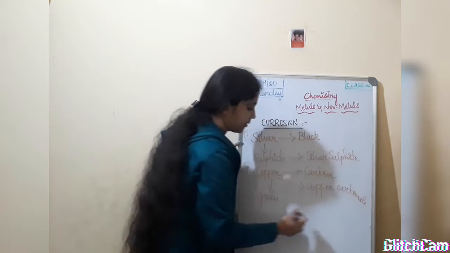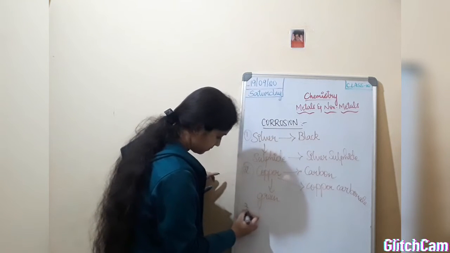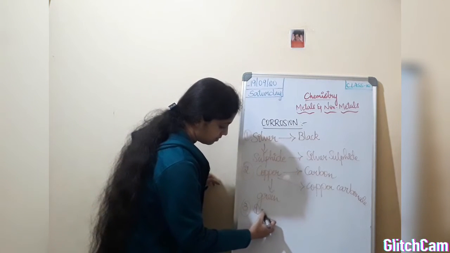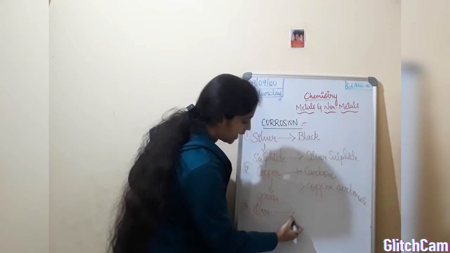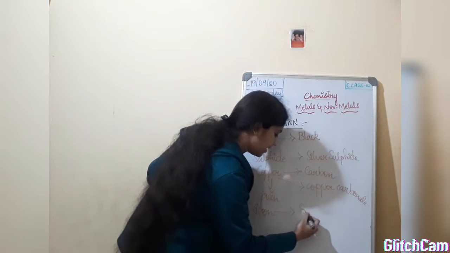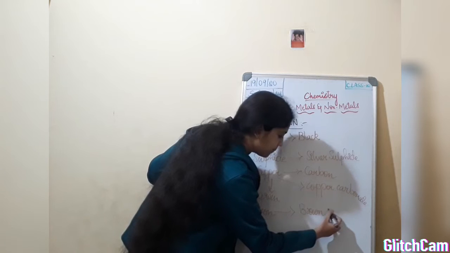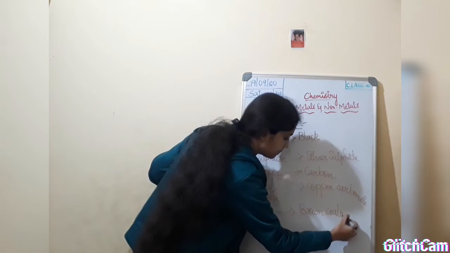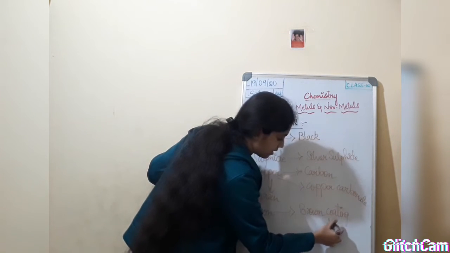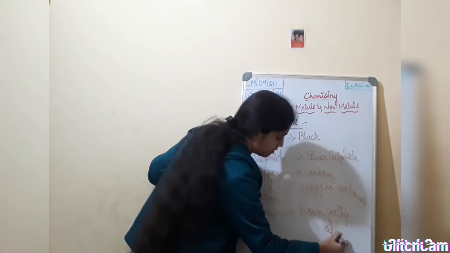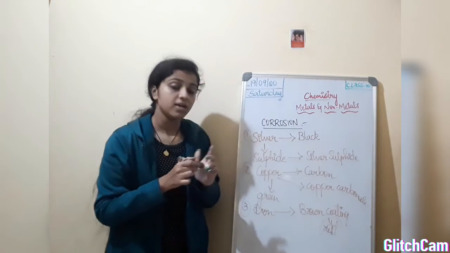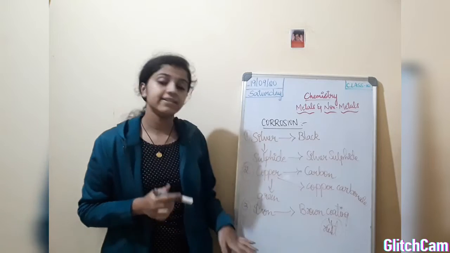Iron forms a brown flaky coating, which we call rust. So, these are the cases where corrosion occurs.